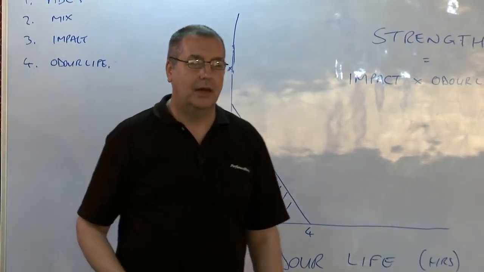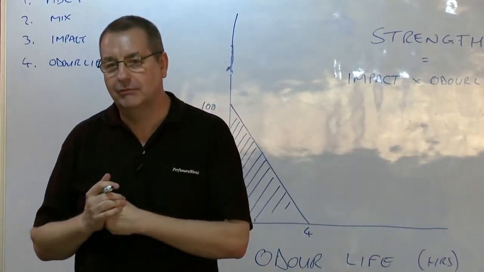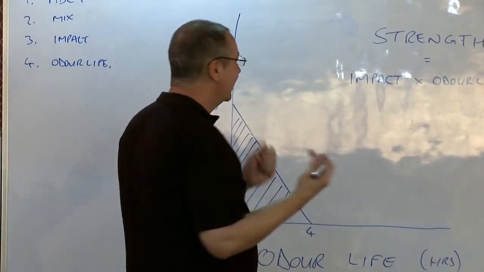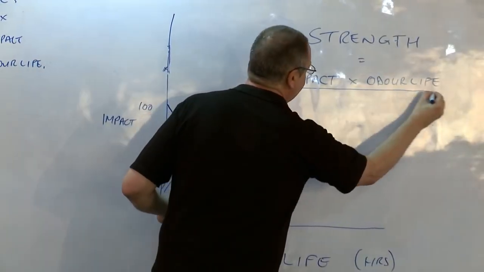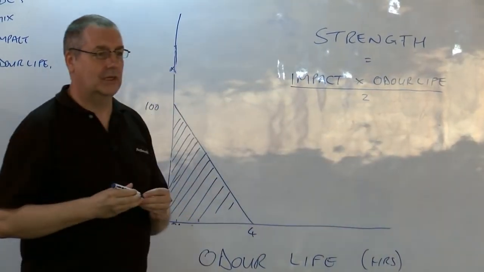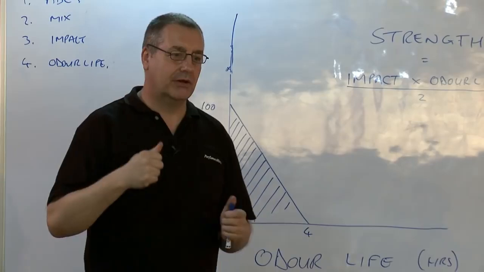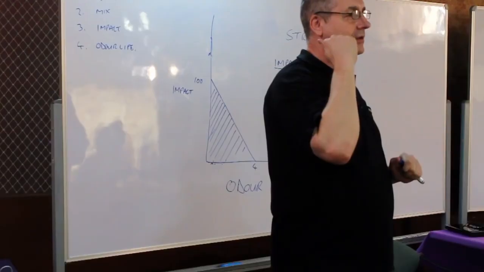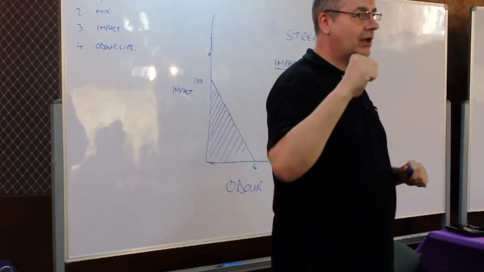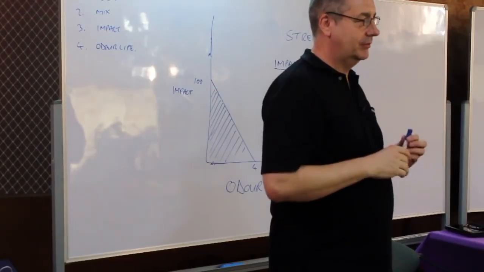But because it's a triangle, we just divide it by 2. So the strength of a material is its impact times its odor life divided by 2.